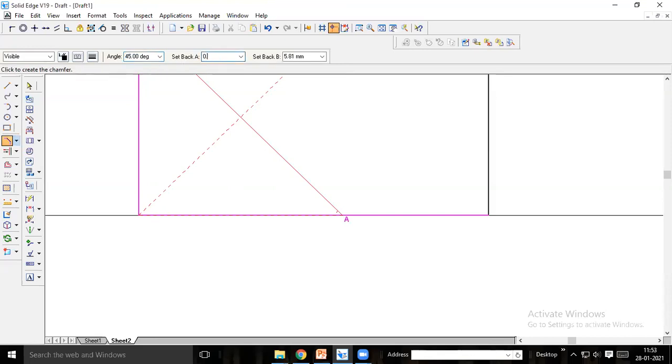Setback is equal to 0.25. You have to enter 0.25. This is the chamfer you should give. On the other side also the same thing. Chamfer is here, 0.25, 0.25. Like this you have to do.